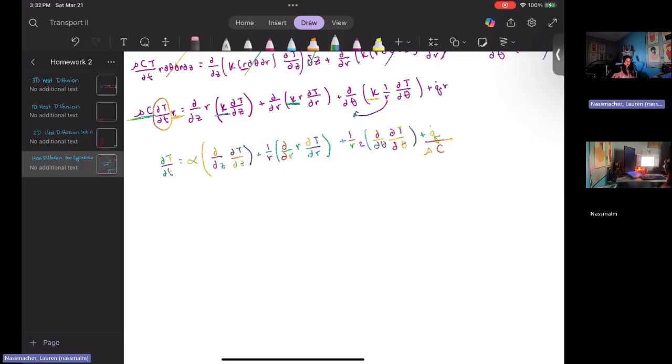And now the final part of deriving this equation is to combine all the variables.